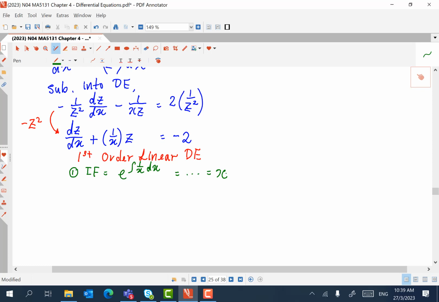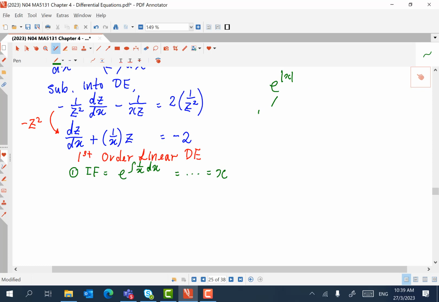You know why? Brilliant. Right, it's e power log x. And then e power log x is just x. Yeah, I know that the challenge is this.